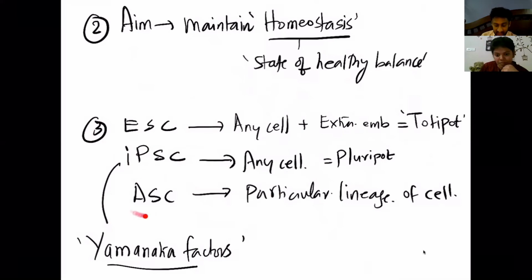The ASC, or adult stem cells, are going to form only a particular lineage of cell. They can't transform into any cell because they're committed towards one lineage, so they can form only that particular type of cell. For example, a hematopoietic stem cell forming an RBC. And she mentioned a very interesting term called Yamanaka factors.